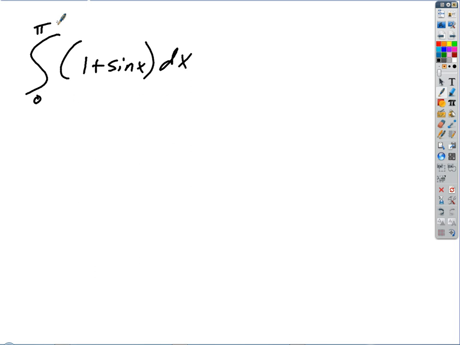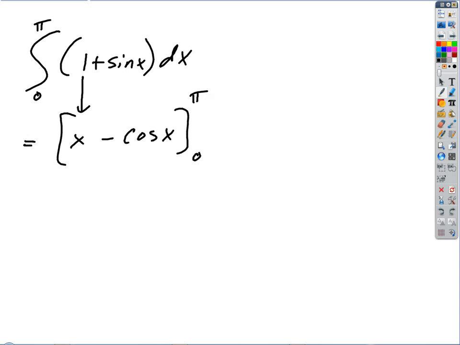Okay. So what's the antiderivative of 1 plus sine x? What's the antiderivative of 1 dx? x. Minus cosine. Good. Evaluated from 0 to pi. Okay, here's where you can make a choice. Really, this doesn't matter, whichever way you want to do it.